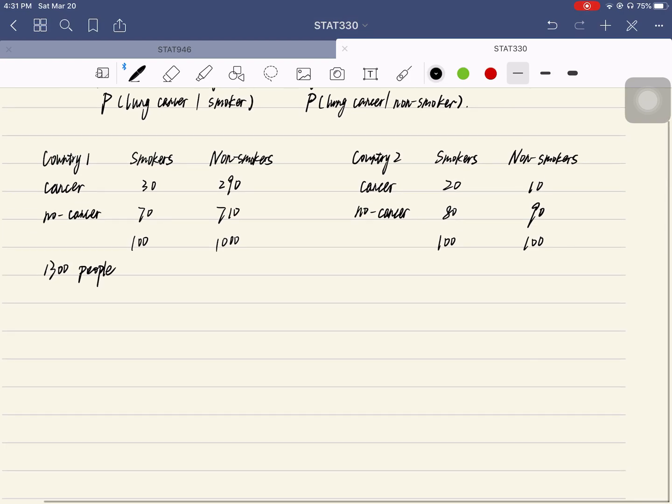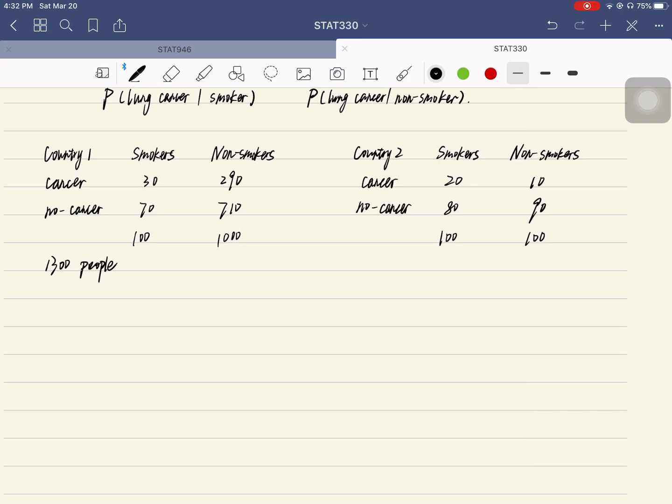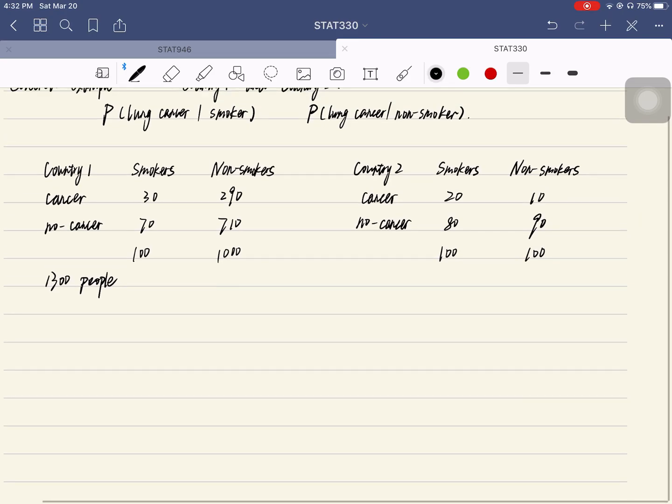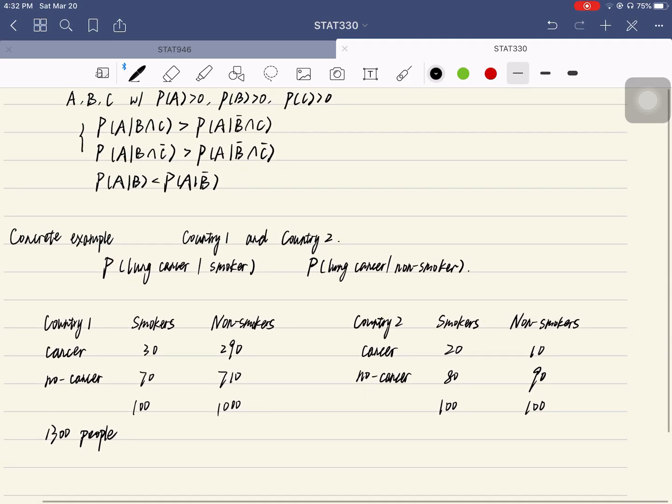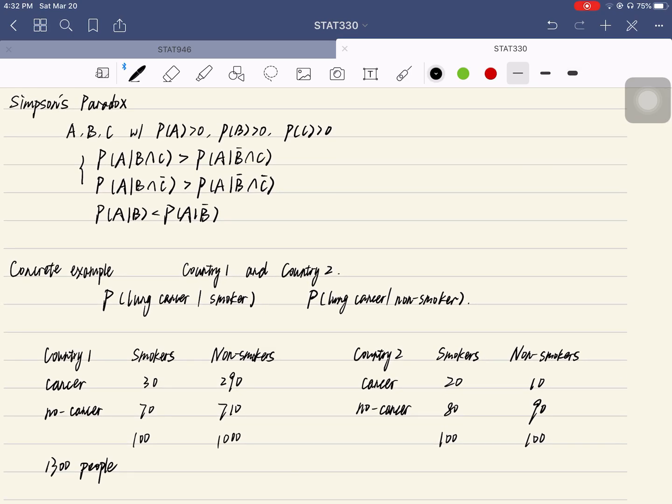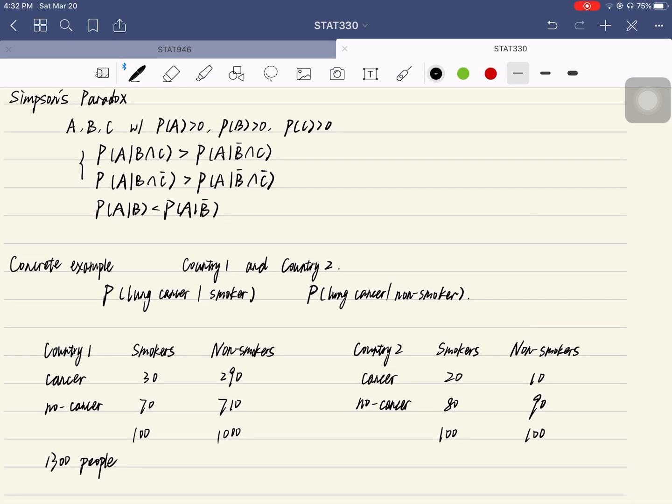And let's look at the probability. First, we have to define what A, B, and C are in Simpson's paradox. To make it easy, cancer is event A, thus no cancer is A bar.